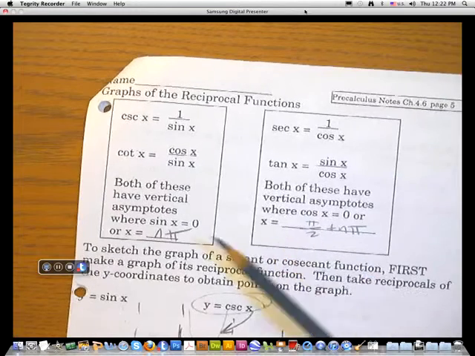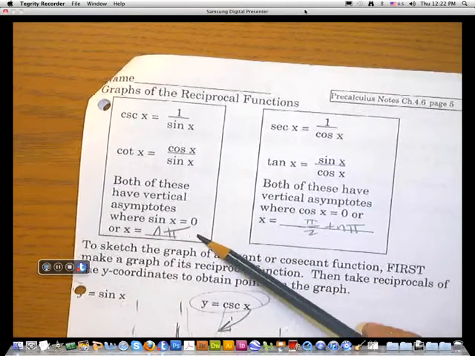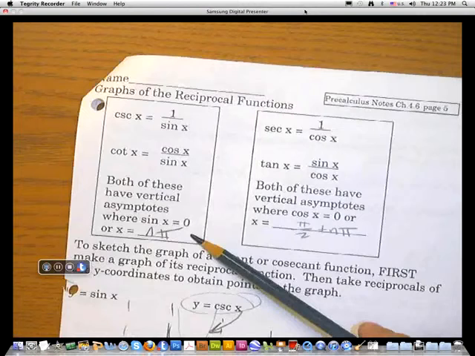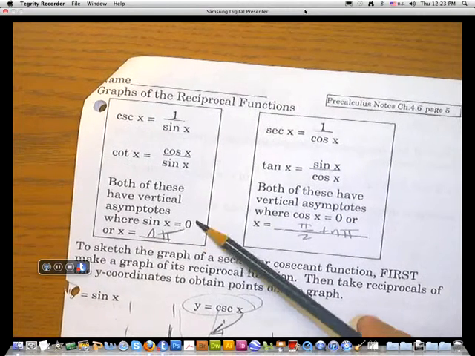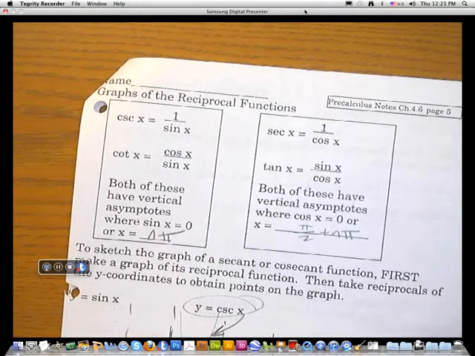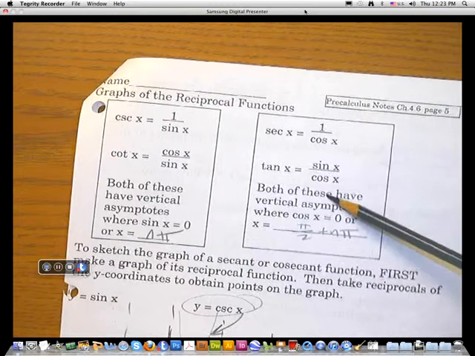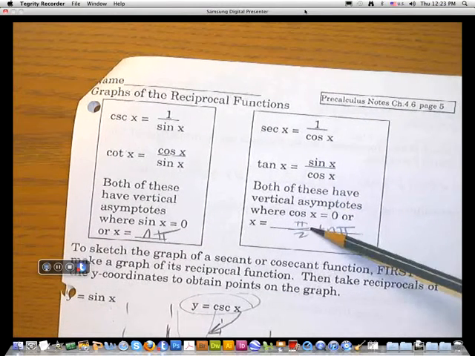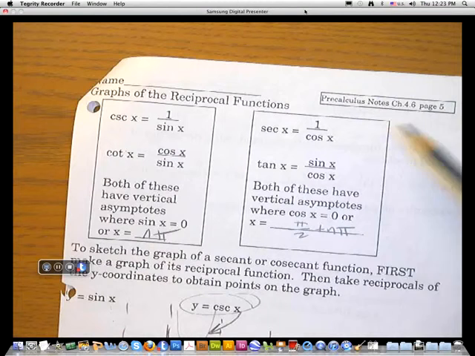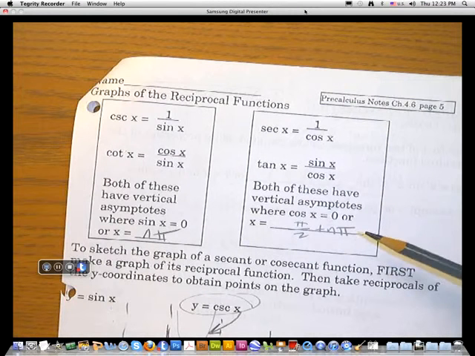For cosecant and cotangent, the asymptotes are at 0 and every pi value thereafter. Secant and tangent have asymptotes at 90 degrees and every 180 past 90, 90 to 270, and so on.